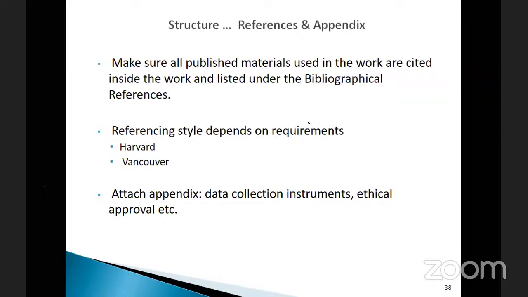Vancouver is the one that uses Arabic numbers, 1, 2, 3, 4, consecutively. Then after the references, you have an appendix where you attach your data collection instruments, ethical approval, and so on.